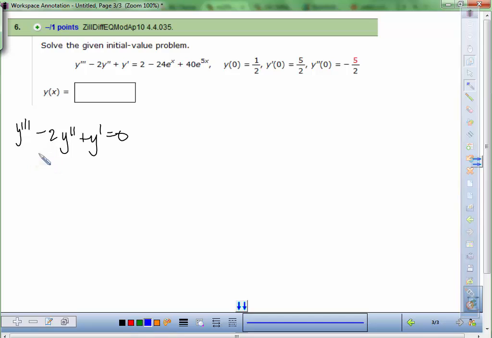I think it's going to be very similar to what we had earlier, right? m to the third minus 2m squared plus m is equal to 0.